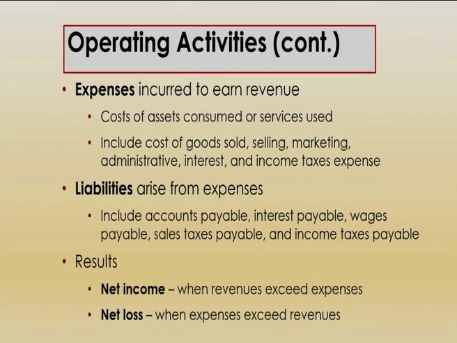Operating activities include liabilities arising from expenses like accounts payable, interest payable, wages payable, salaries, sales tax payable, or income tax payable. As a result, we get net income when revenue exceeds expenses, and we get net loss when expenses exceed revenue. So these are the three types of activities in any form of business or company.